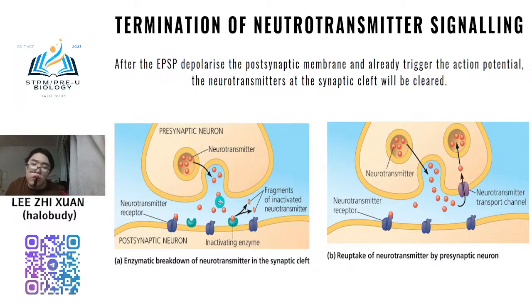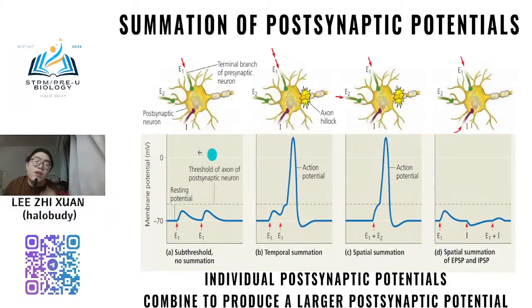So the electrical impulse is normally very low. So even when your electrical impulse is an EPSP like this, if it is very low and does not reach the threshold level, then the postsynaptic membrane also cannot trigger the action potential.